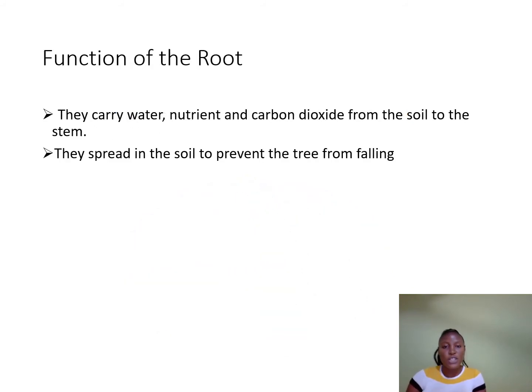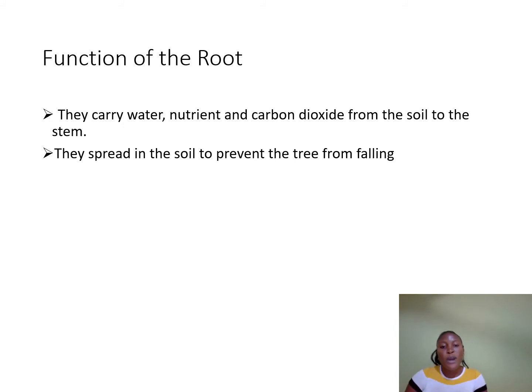Let's look at the function of the root. The roots carry water, nutrients, and carbon dioxide from the soil to the stem.